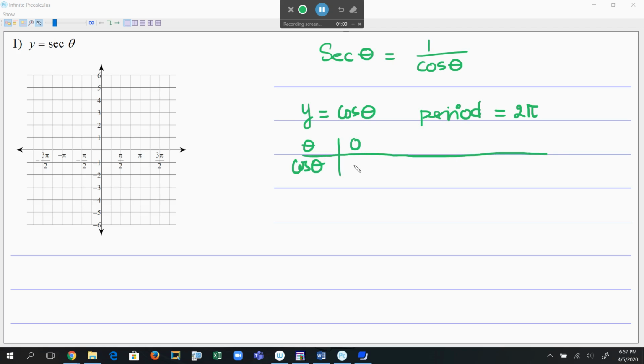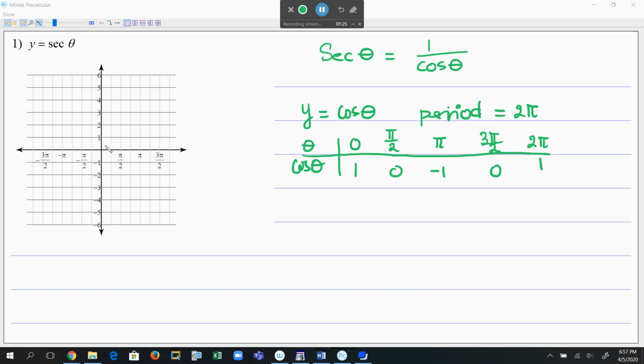So cosine of 0 will be 1. And at the end, cosine of 2 pi is also 1. Cosine of pi will be negative 1. And cosine of pi over 2 is 0, and then 3 pi over 2 is also 0.